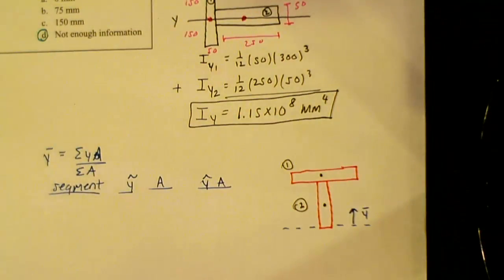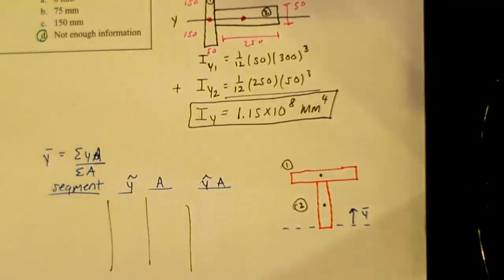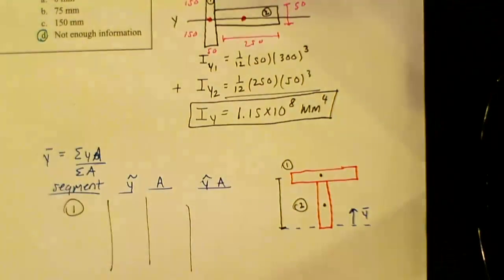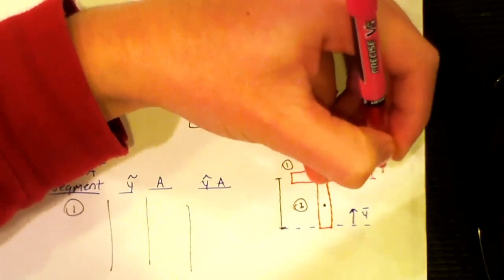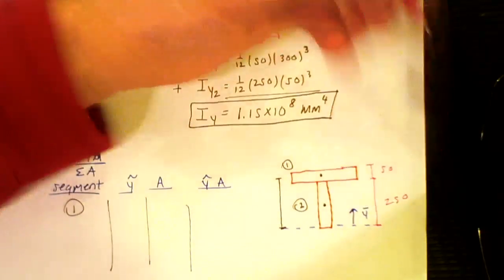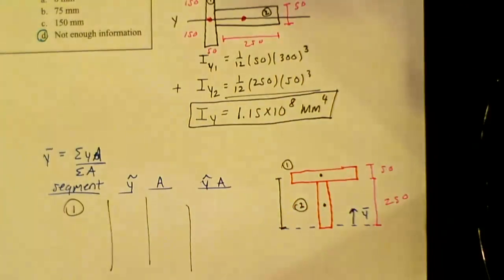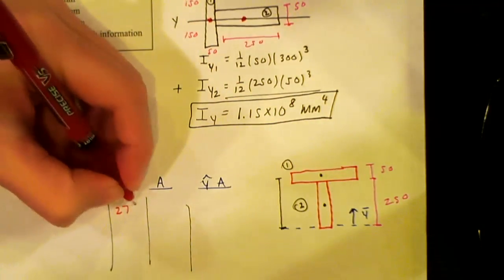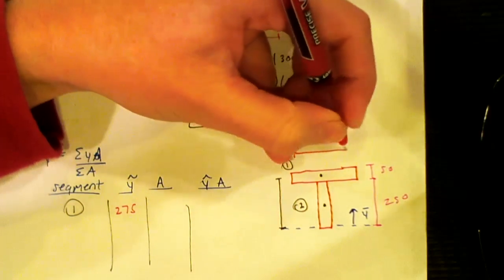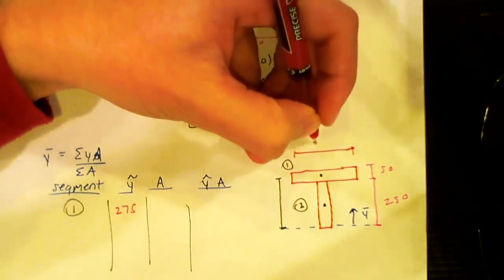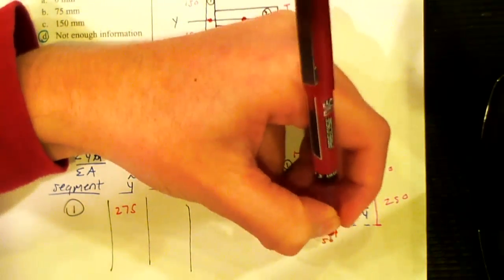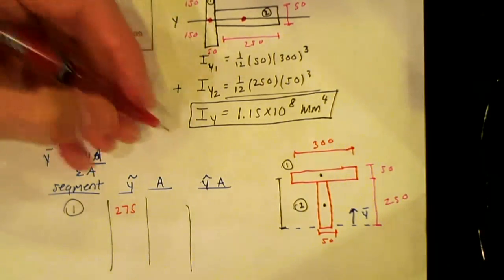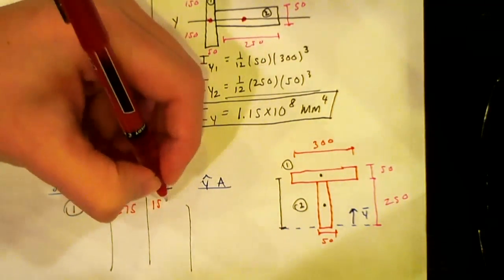For segment 1, my y tilde is going to be this total height. Let me draw in the distances. That's 50, that's 250. It's going to be 1/2 of 50 plus 250, so that gives me 275. The area was 300 times 50, which is 15,000.